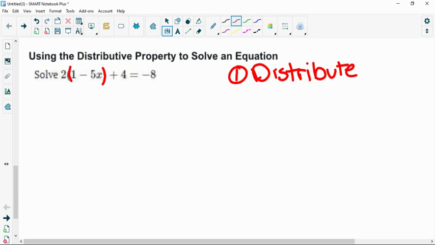In order for us to distribute, we take the 2, we do 2 times 1, which is 2, and then 2 times the negative 5x, which is negative 10x.